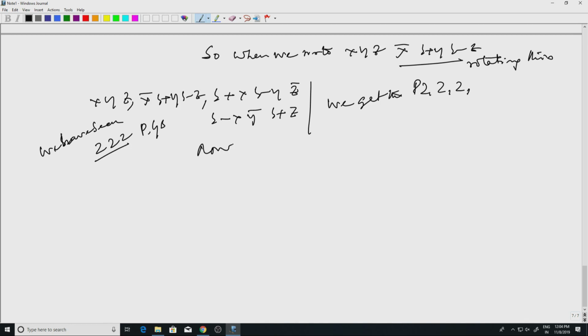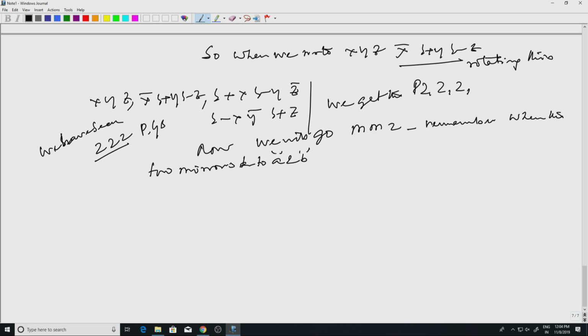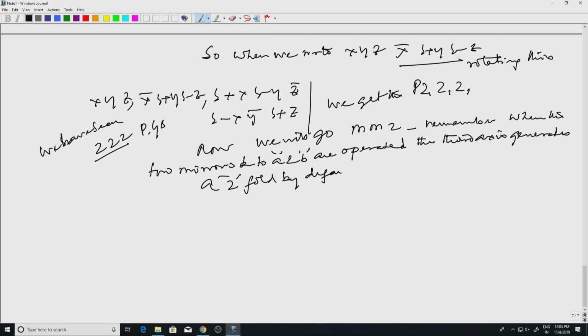So we have seen the 222 point groups. Now go to mm2. Remember, when two mirrors perpendicular to A and B are operated, the third axis generates a two-fold by default.